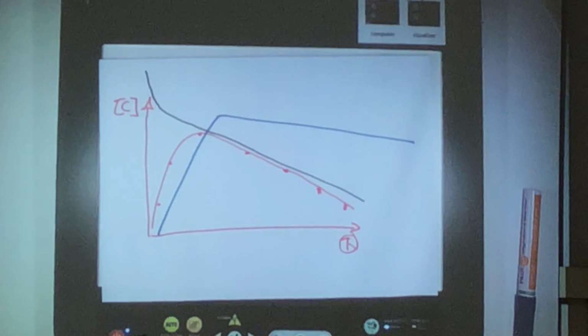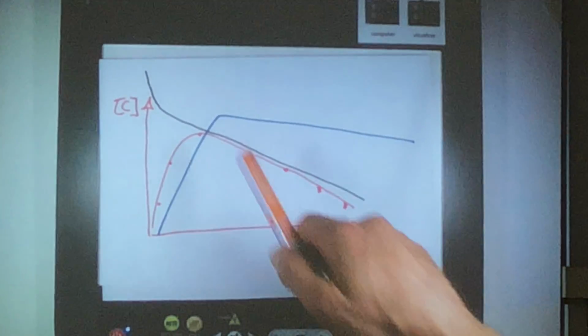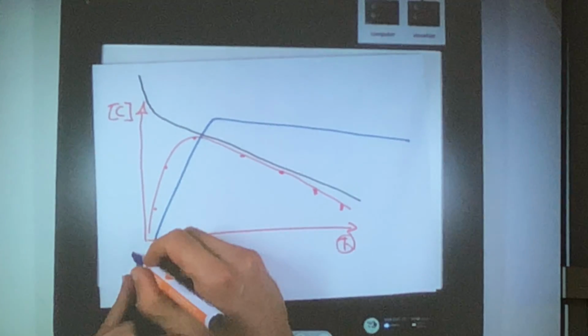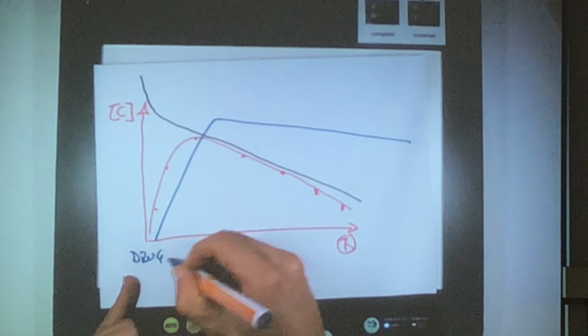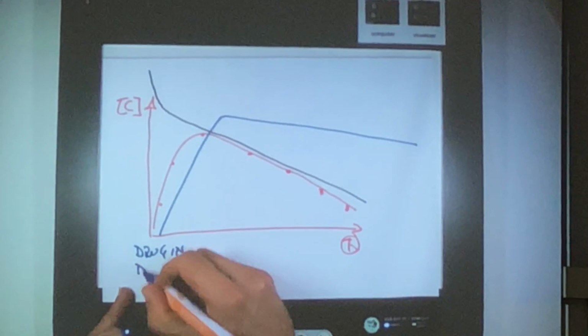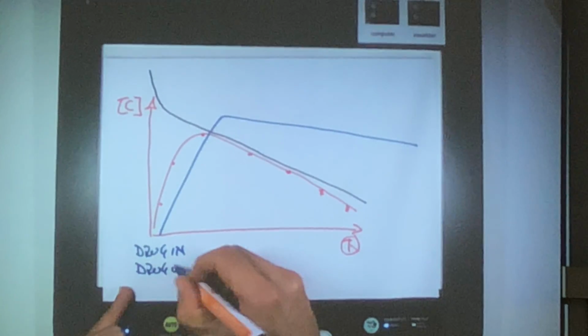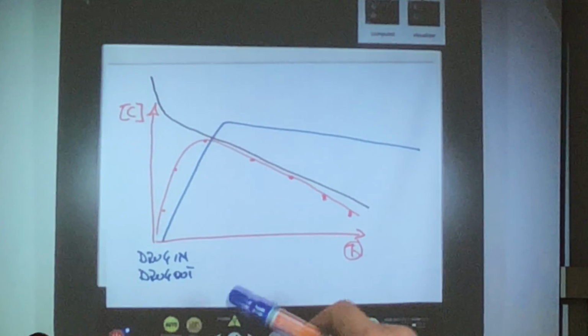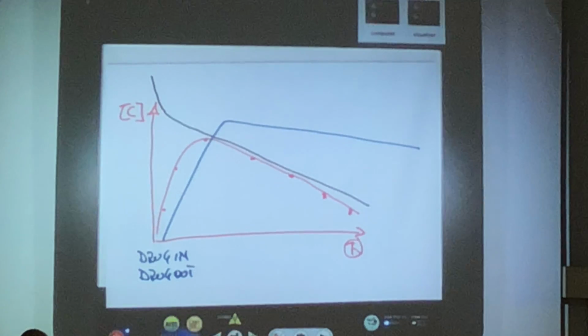Because in this case, in the blue line, the drug balance can be expressed as drug in and drug out.